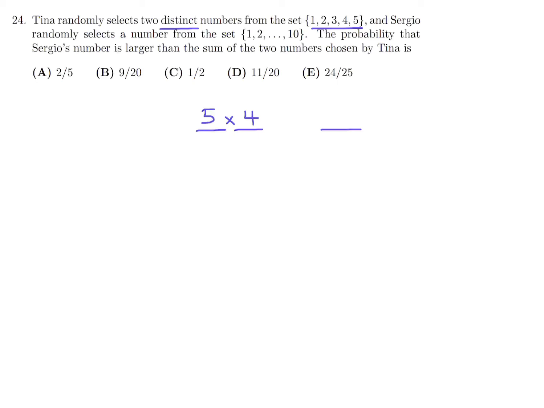Sergio only has to select 1 number from the set 1, 2, all the way up to 10. So he's got 10 choices. So the total number of possible selections for both of them is 5 times 4 times 10, which is 20 times 10, which is 200.